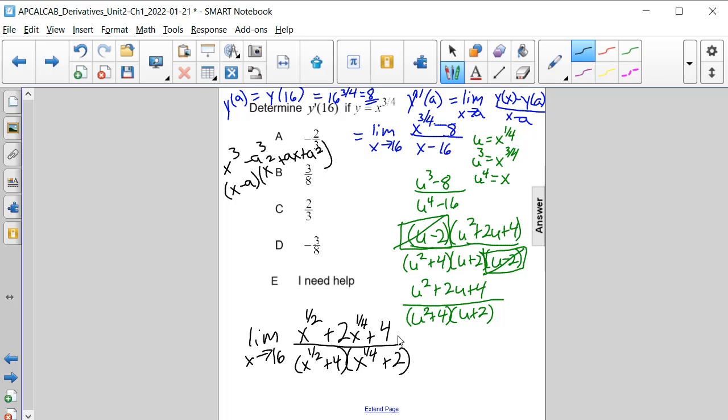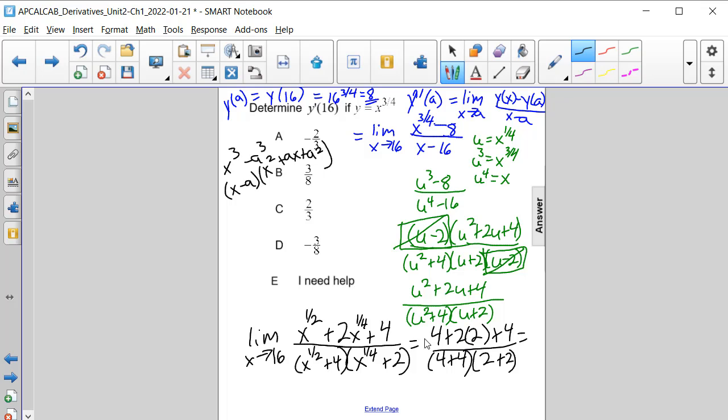And now we can use direct substitution in order to simplify this. So if we substitute 16 in for x here, the square root, or the 1/2 power of 16, is 4, plus 2 times the 4th root of 16, which is 2, plus 4, all divided by 16 raised to the 1/2 power, or the square root of 16, which is 4, plus 4, and then we have x to the 1/4 power, or the 4th root of 16, which is 2, plus 2.